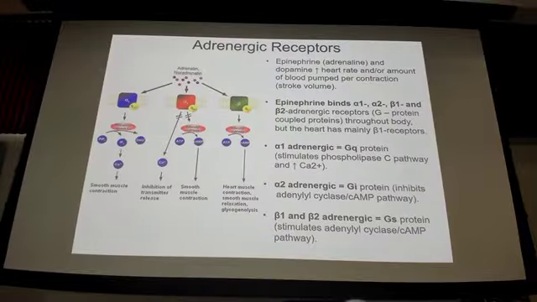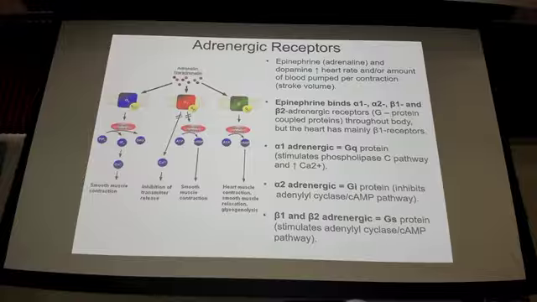All right, here is a breakdown of the adrenergic receptors and what their roles are. We know epinephrine, or adrenaline, and dopamine increase heart rate, and this epinephrine ligand binds to alpha 1, alpha 2, beta 1, and beta 2 adrenergic receptors.